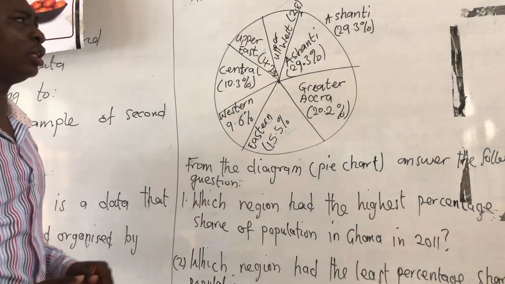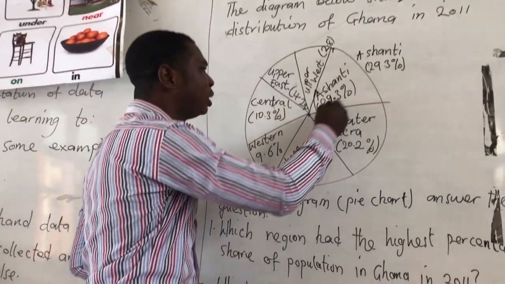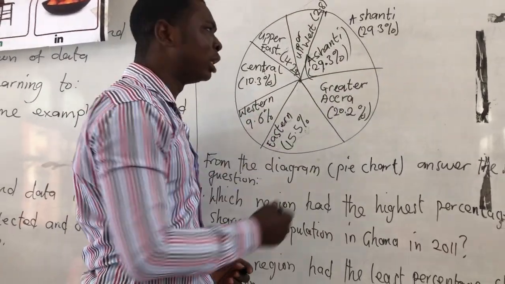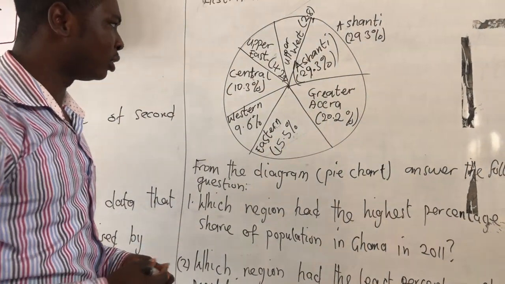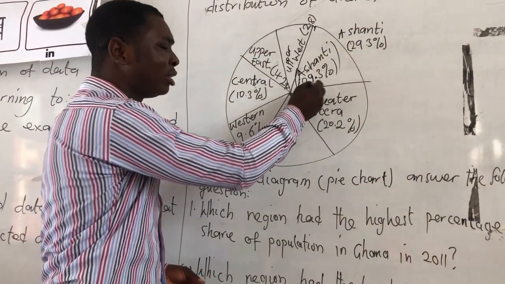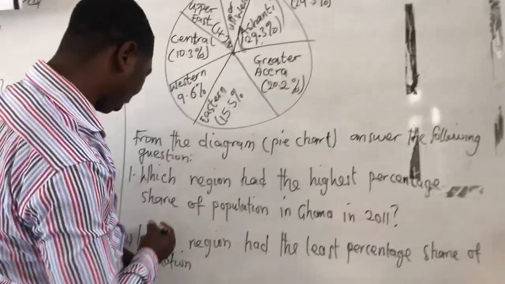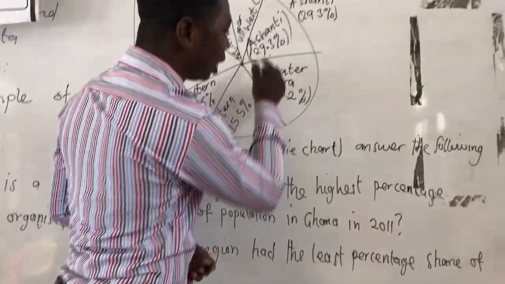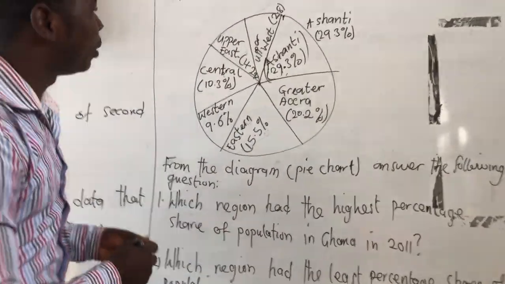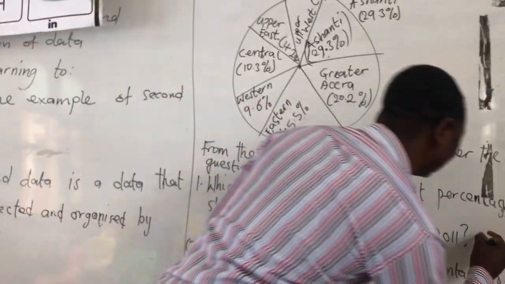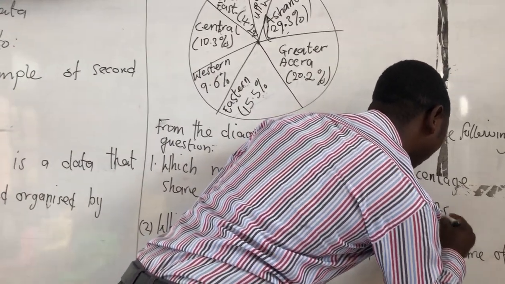Looking at this carefully, you realize that Ashanti region has the highest population, that is 29.3%. So answering the question, it is Ashanti region with the percentage 29.3.